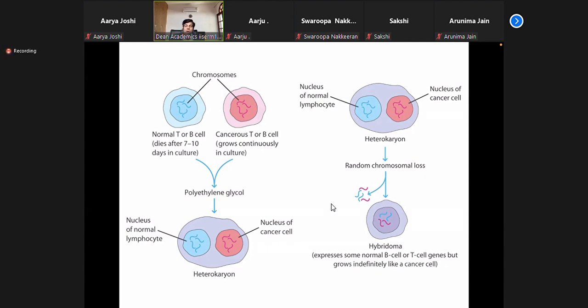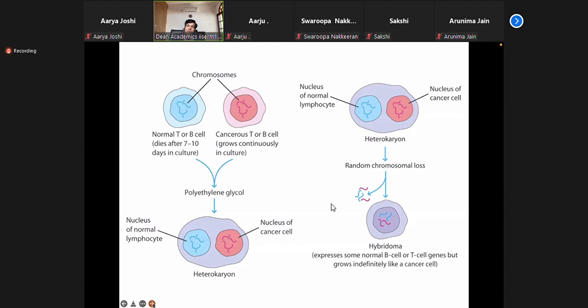And you literally have a source of antibody-producing cells. Whenever you want, you can grow these cells, and they will start producing antibodies, so an almost inexhaustible supply of antibodies can be produced from these cells.